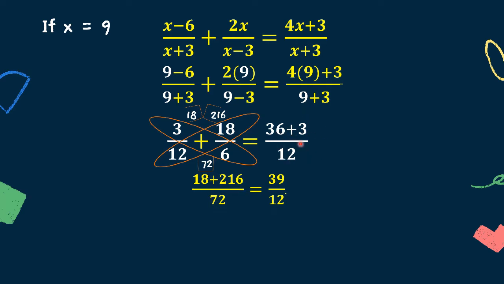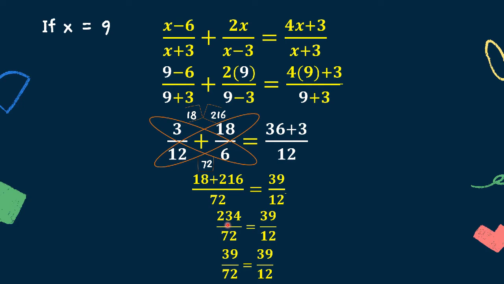Simply simplify this part. 36 plus 3 is 39 divided by 12. Simplify: 18 plus 216 is 234 divided by 72. And we also have 39 divided by 12. Now take note that we can simplify 234 over 72. The greatest common factor of 234 and 72 is 6.